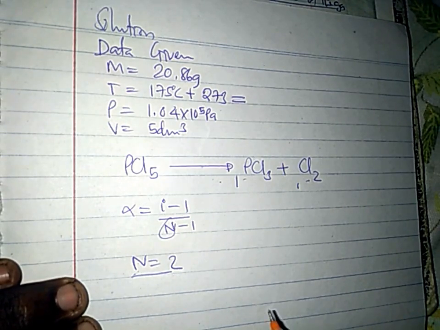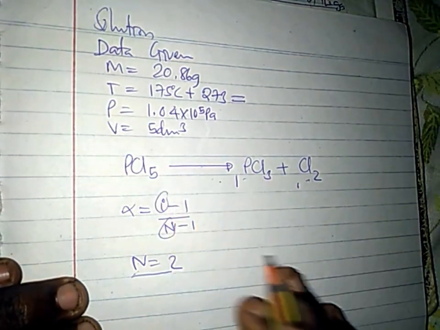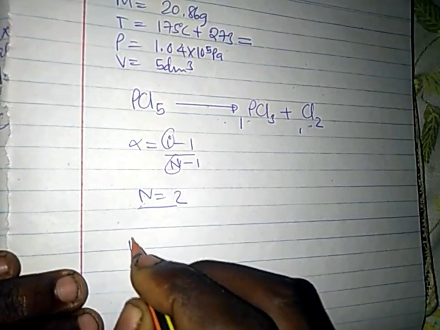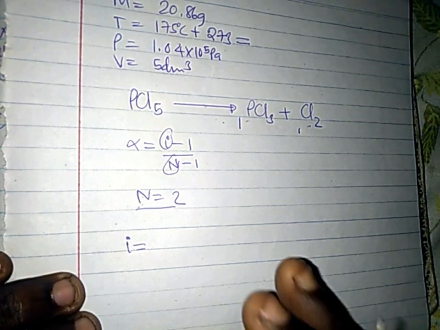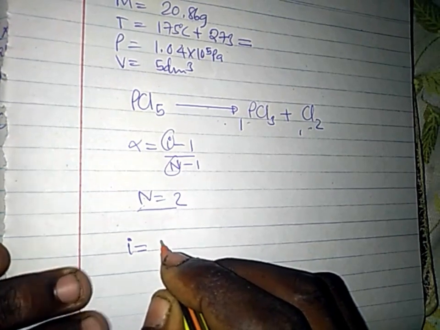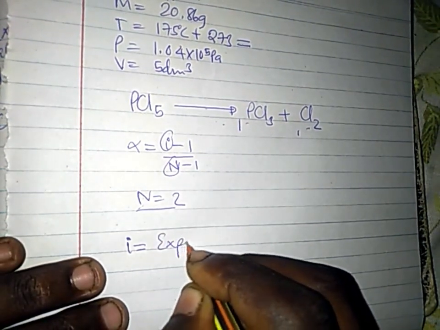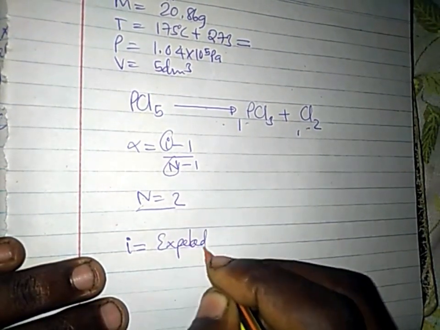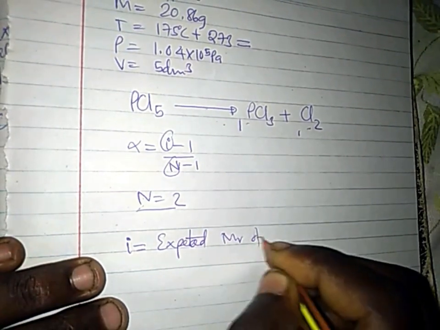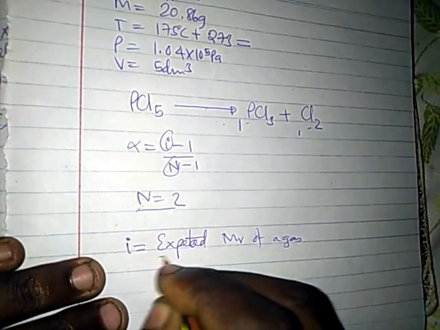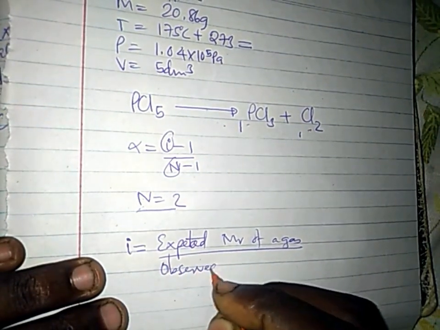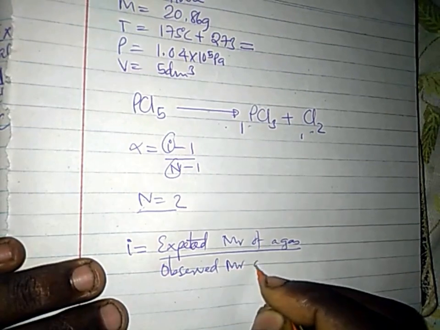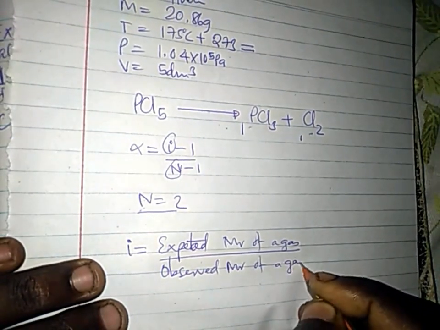Now we have one task, that is to calculate the Van 't Hoff's factor. As we know, the Van 't Hoff's factor can be calculated in various ways, as we said before. But in this question, it will be calculated as the expected molar mass of the gas divided by the observed molar mass of the gas.